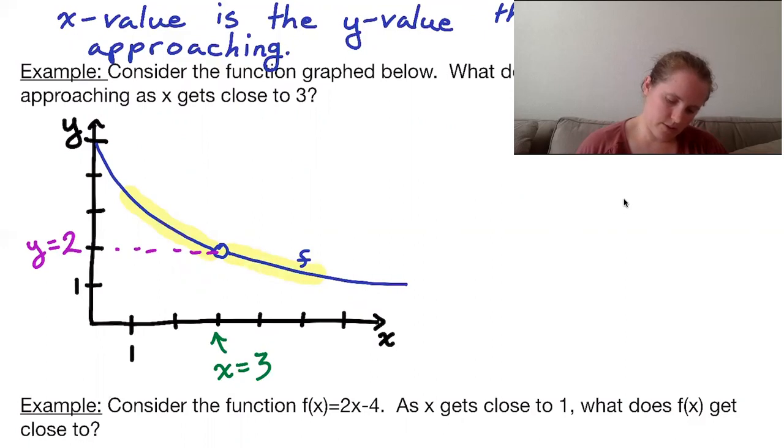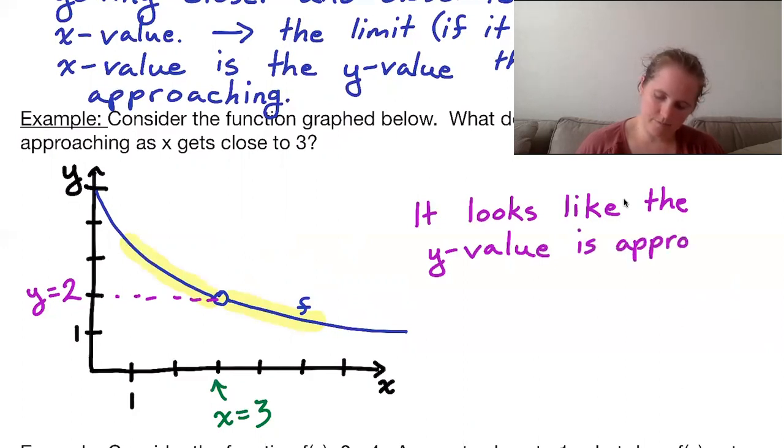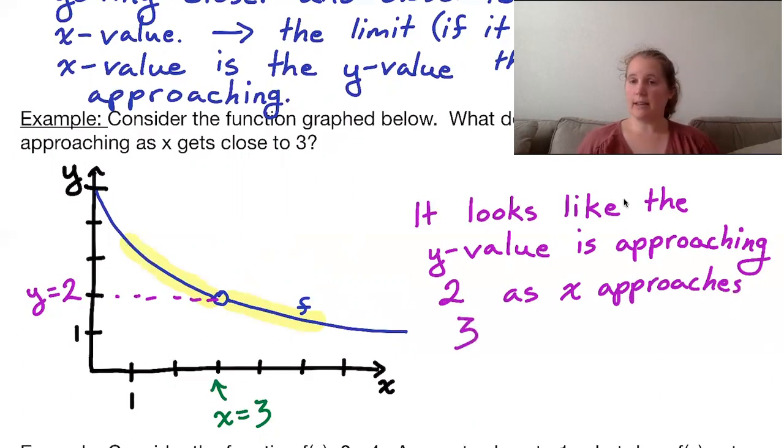So it looks like the y value is approaching 2 as x approaches 3. This is the idea behind a limit.